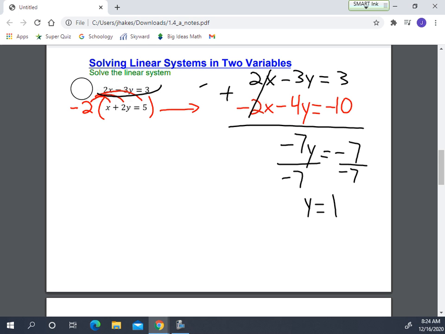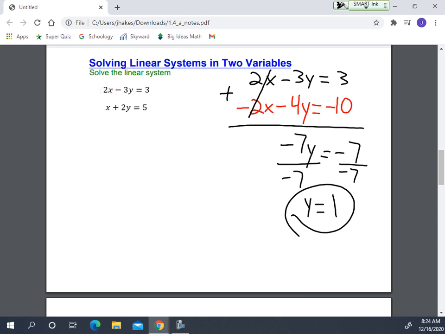Now, since I found what y equals, I can plug that either into here, or I can plug it into here. It does not matter. I'm going to plug it into that top equation.